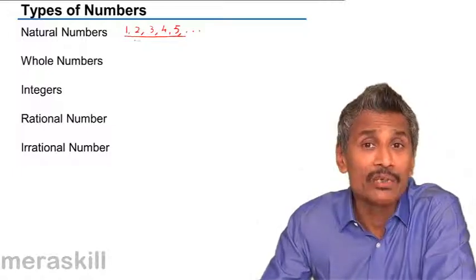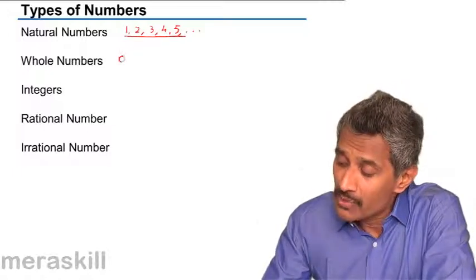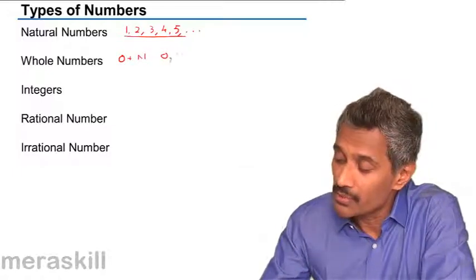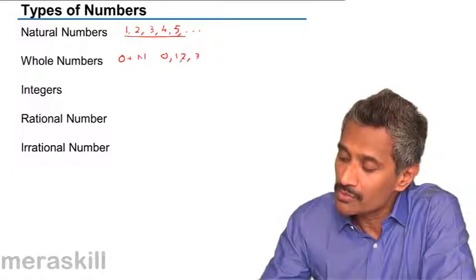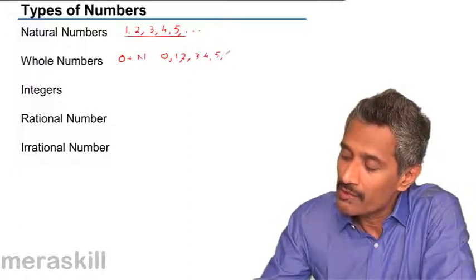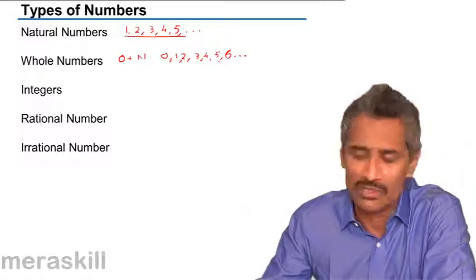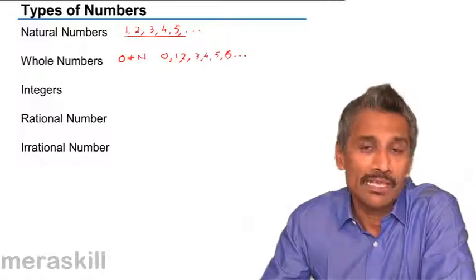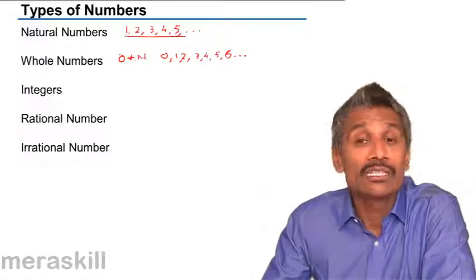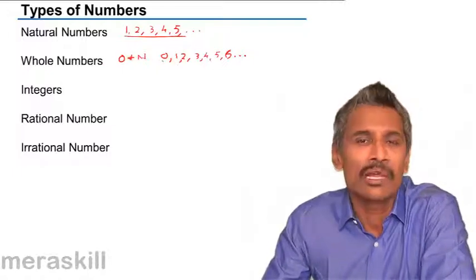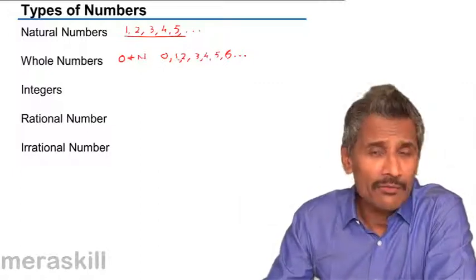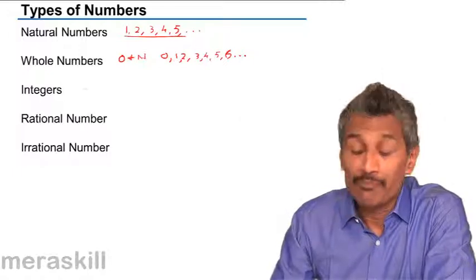Now after zero was introduced, 0 plus the set of natural numbers, that is 0, 1, 2, 3, 4, 5, 6 and so on, would form the set of whole numbers. In other words, whole numbers is the same as natural numbers along with 0. So it's just one number more than the set of natural numbers. Again, these are of course whole counting numbers.